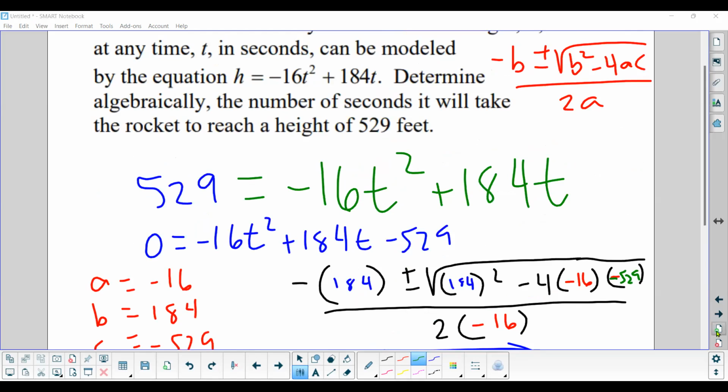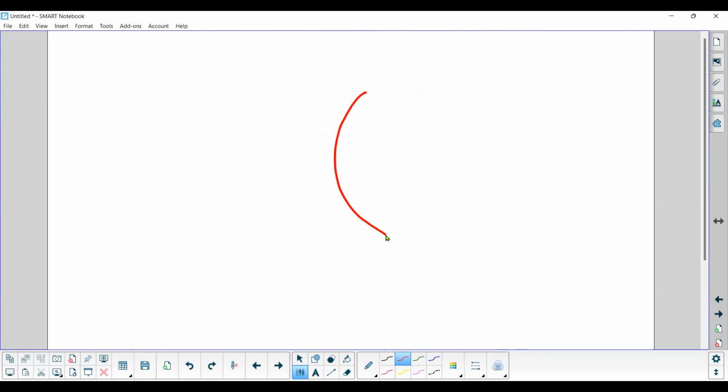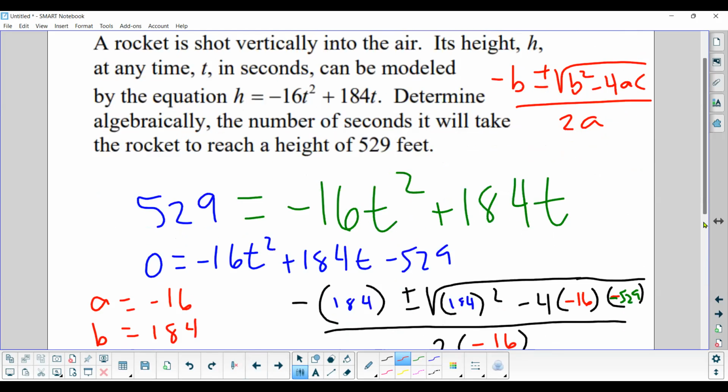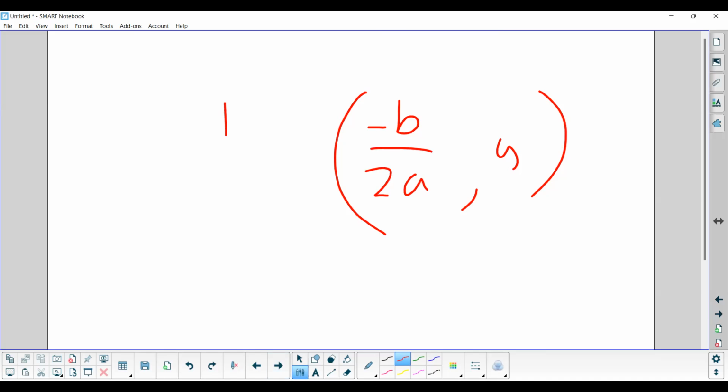The axis of symmetry is found by using this formula, negative b over 2a. That would have found the actual maximum height of the rocket and at what time that maximum height would have occurred. So if I go back and look at my values, B was 184 and A was negative 16. So negative 184 divided by 2 times negative 16.